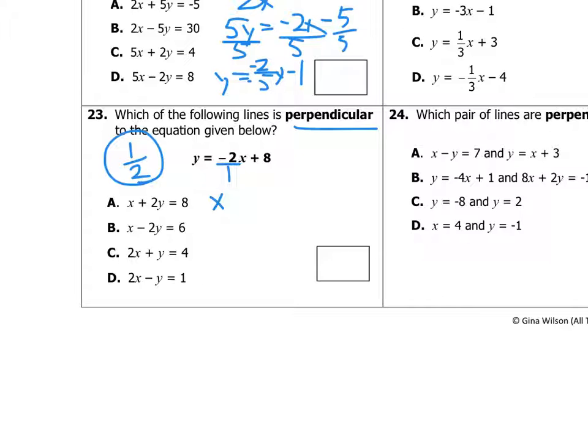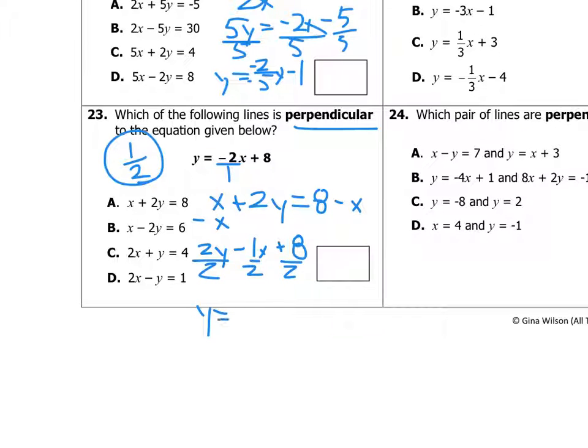So I have x plus 2y equals 8. I'm going to subtract x. That leaves me with 2y equals negative 1x plus 8, divided by 2. So y equals a negative 1/2 x plus 4, because 8 over 2 equals 4.